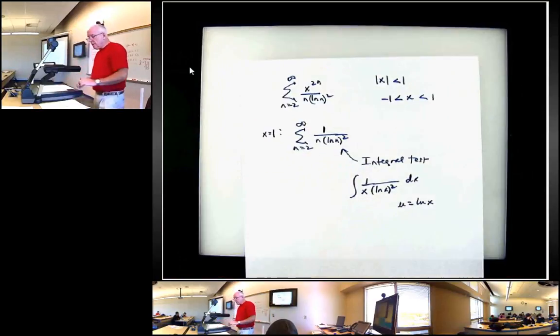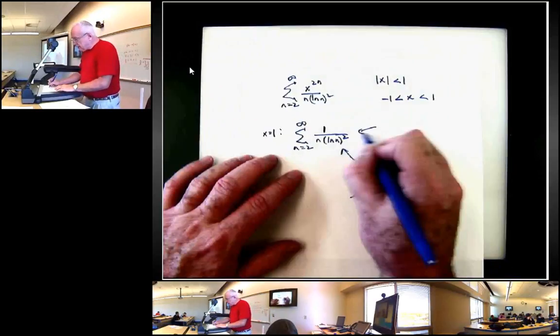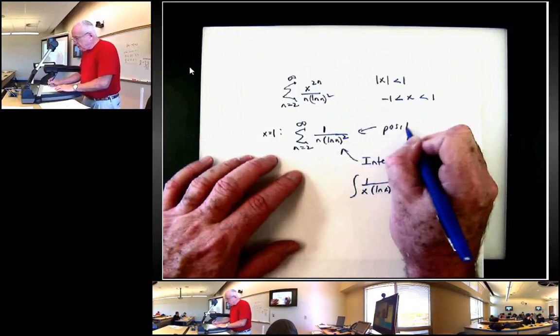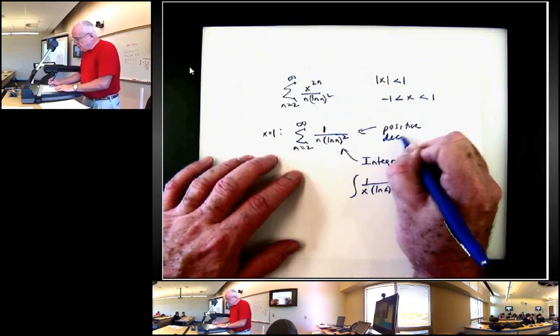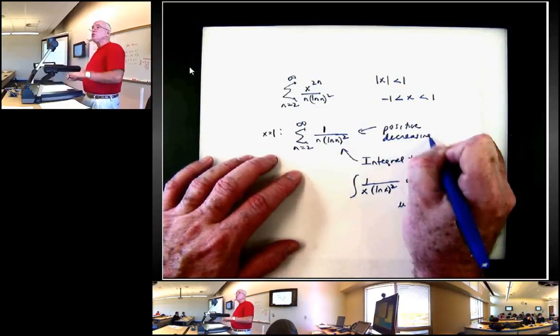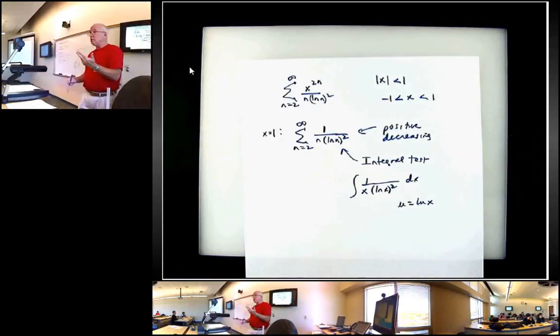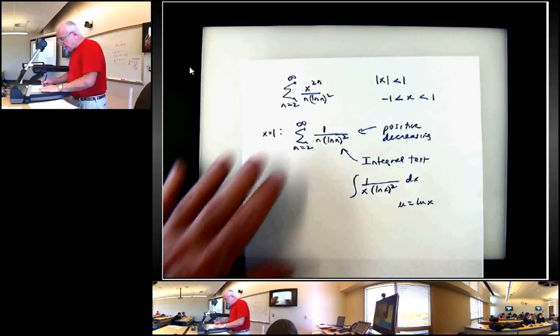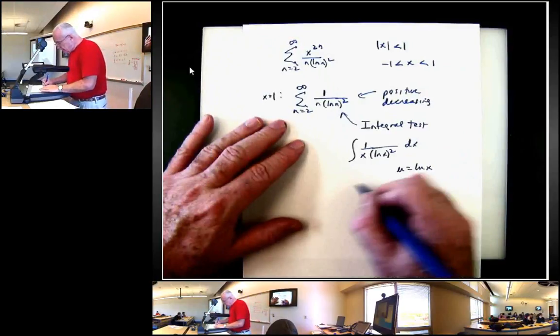This is also a positive decreasing function. Those are the two things we have to have for the integral test. As n gets bigger, the value gets smaller, and it's positive in value.